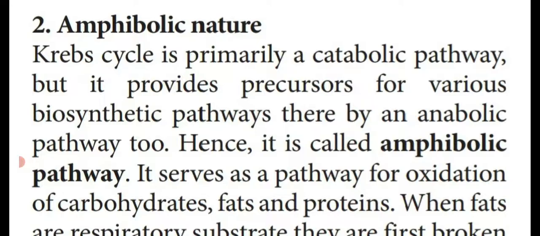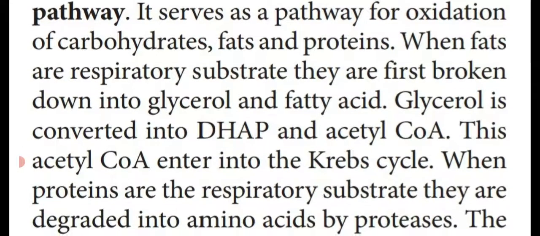See the answer. Krebs cycle is primarily a catabolic pathway, breaking down food material and giving rise to energy, which helps the different biosynthetic pathways, and also an anabolic process takes place, that is the building up process, so it is called an amphibolic pathway. In this pathway, oxidation of carbohydrate, fats and protein takes place. Fat acts as a respiratory substrate, which is first broken into glycerol and fatty acid.